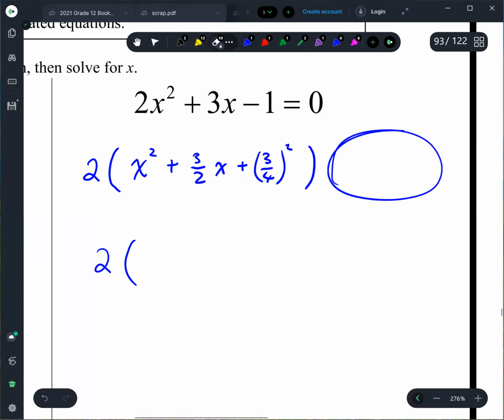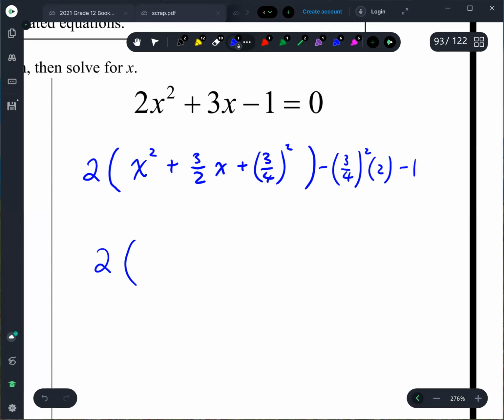Negative bracket 3/4 squared and 2 minus 1, and then equals to 0. Okay, thank you, Isabella. Now be careful when you try to simplify the balancing, okay?